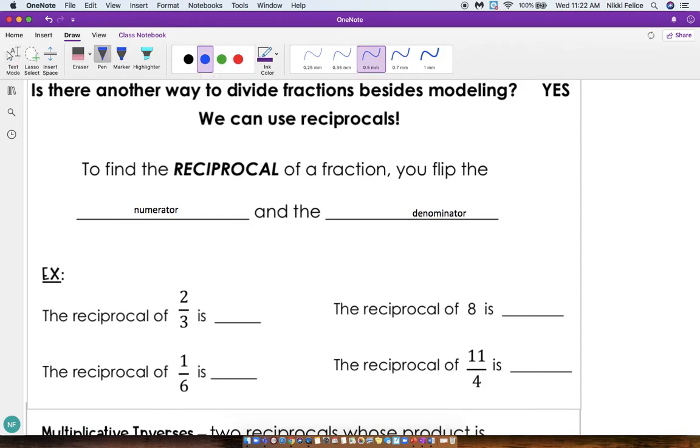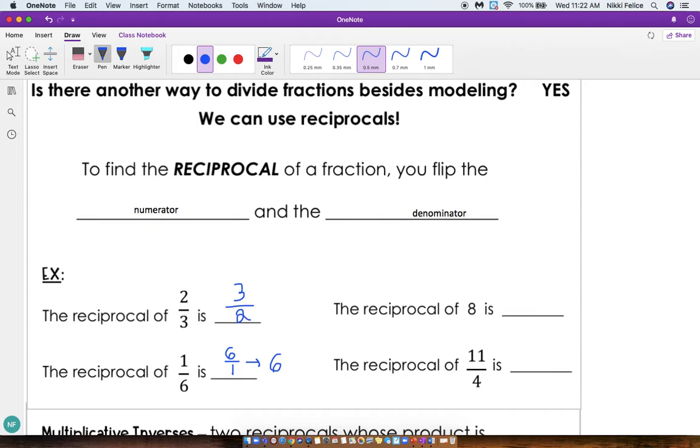For example, the reciprocal of 2/3 is 3/2. The reciprocal of 1/6 would be 6/1. And now 6/1, that's the same thing as the number 6 wholes.